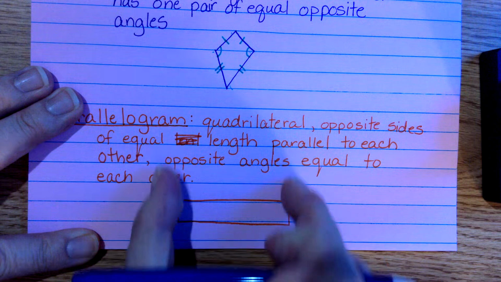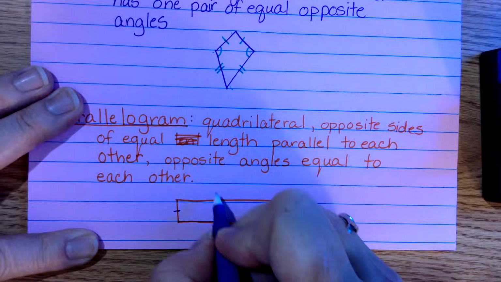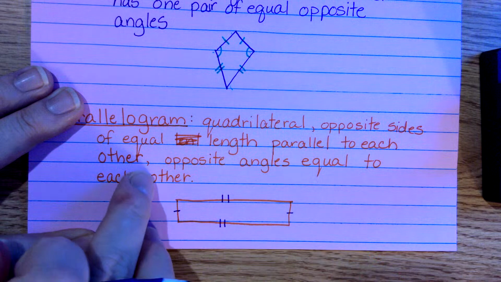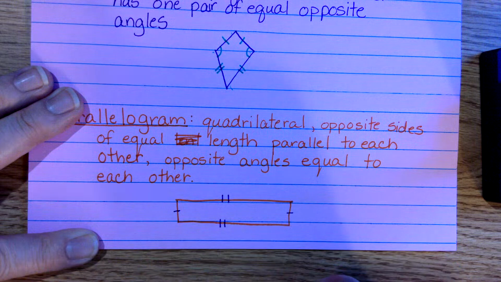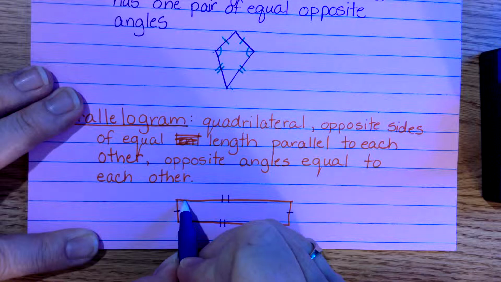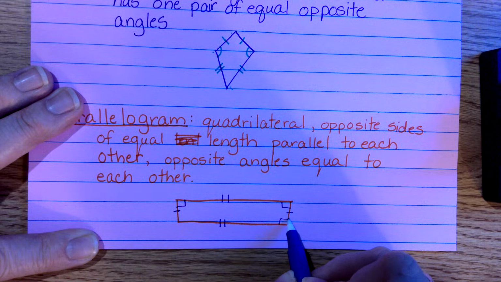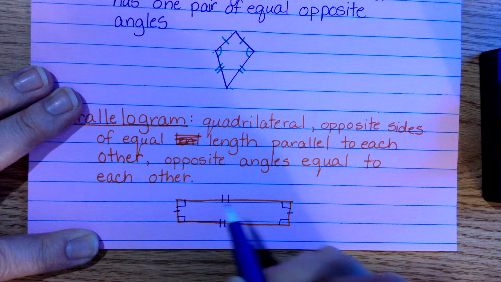They'll never touch each other. They run this way. And we see that this side and this side are equal length and they run parallel to each other and they'll never touch. And we can see that each one of our corners is a right angle.